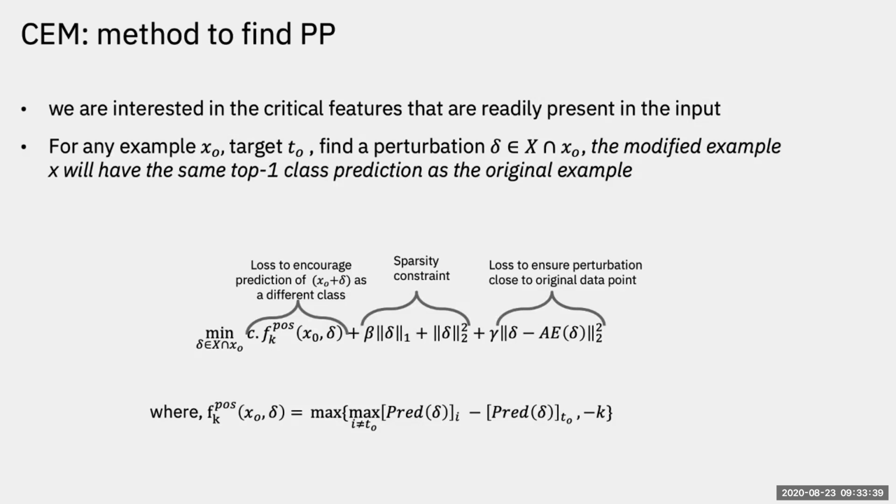So basically the only difference is in the first part of the loss function from the previous one, and here we can see that it wants to maximize the prediction of the perturbation delta from the same classes of other samples. And again, there is a parameter K, which is a hyperparameter to optimize.